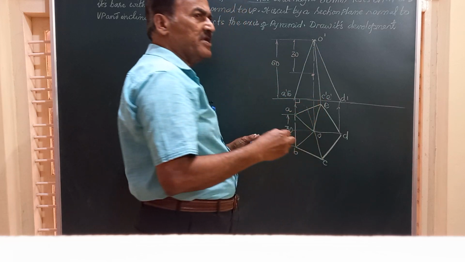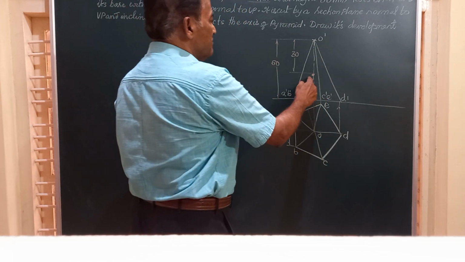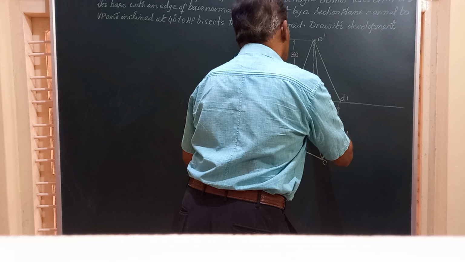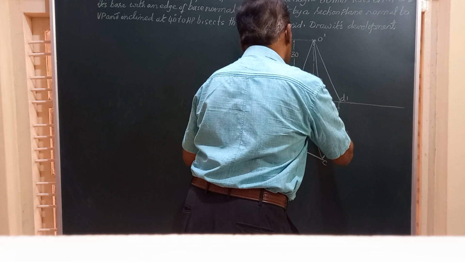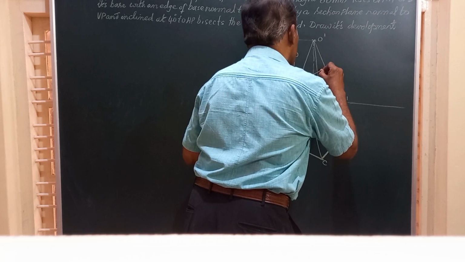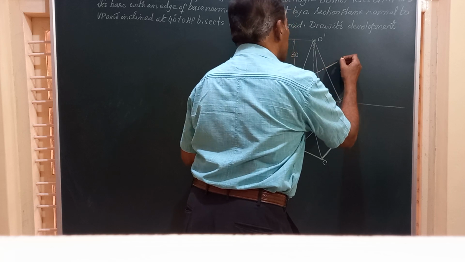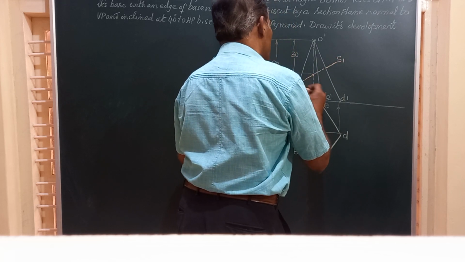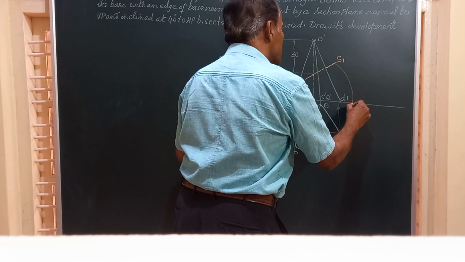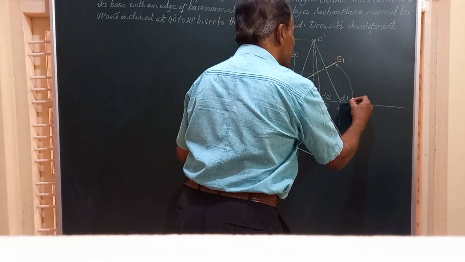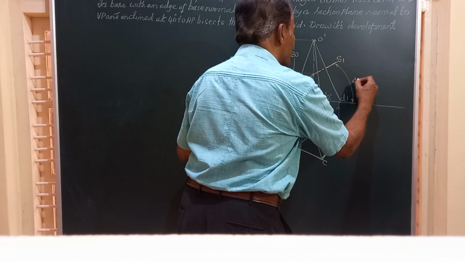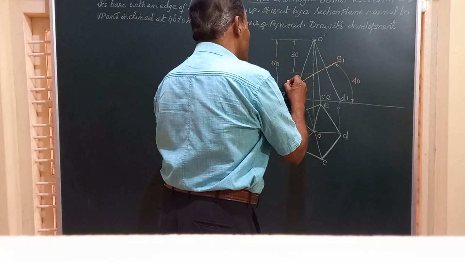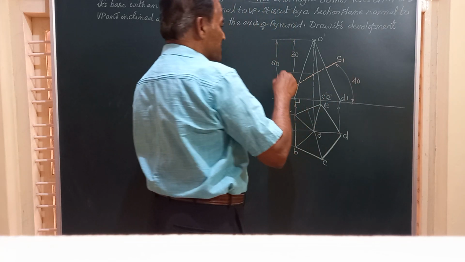So there is a section plane passing through that point, midpoint, inclined at an angle of 40 degrees to HP. So friends, I am going to write a line, a section plane S1, S1, which is inclined at an angle of 40 degrees to HP, which can be seen in the front view. And this is normal to VP very obviously.